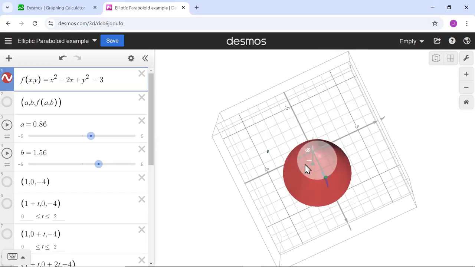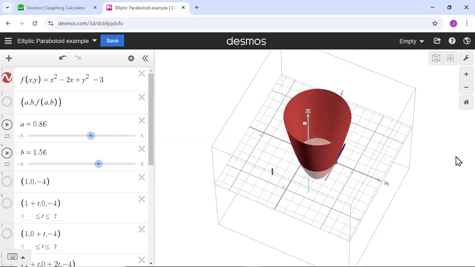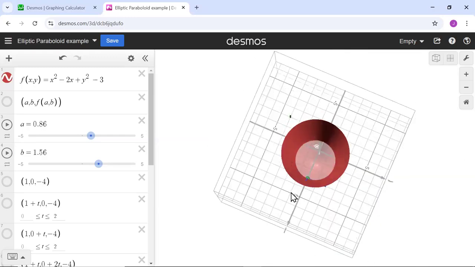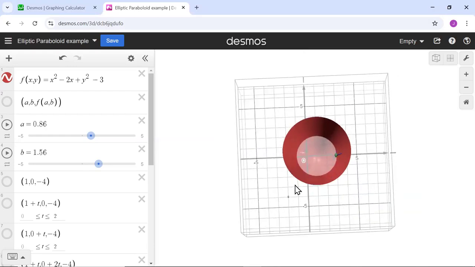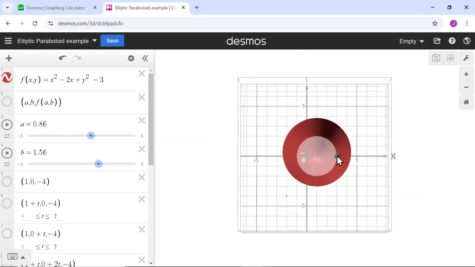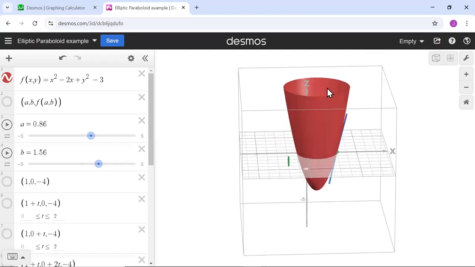So as we move, as this point moves that way, this point moving that way, this point moving that way, what's going to happen?